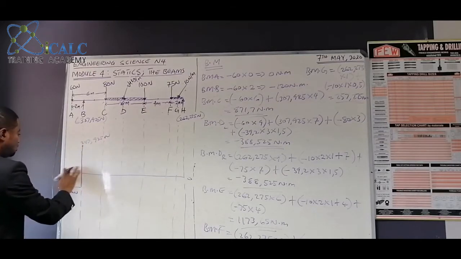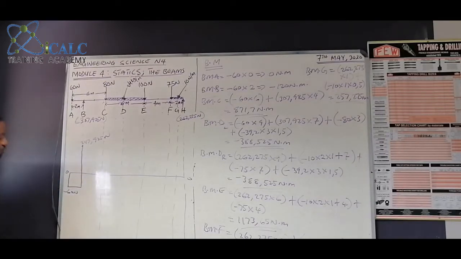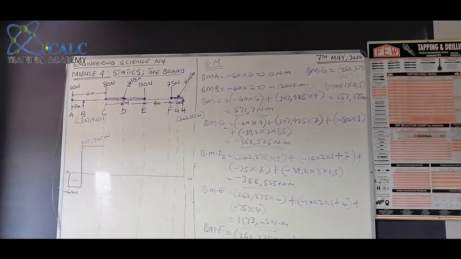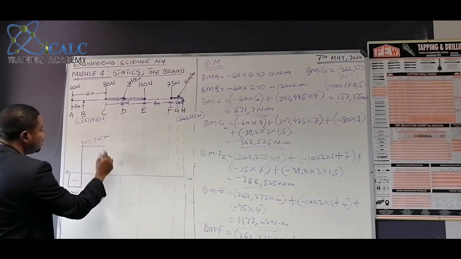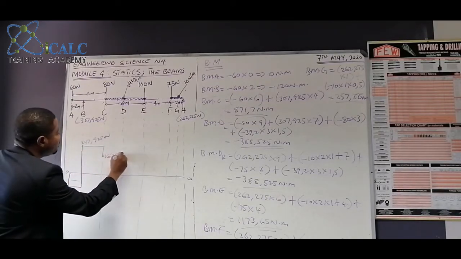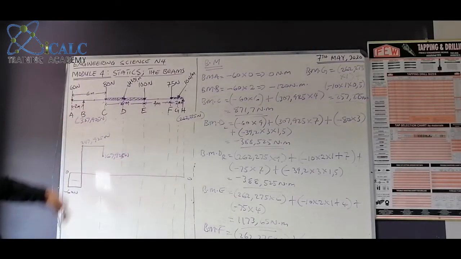Okay. All right. This will be negative. And then we move again. 247.925 minus 80 will give us 167.925 Newton.